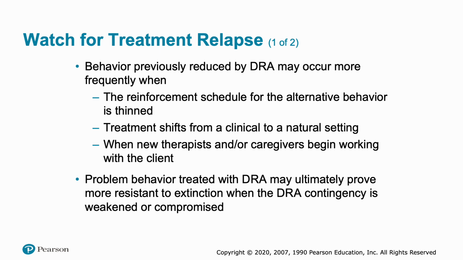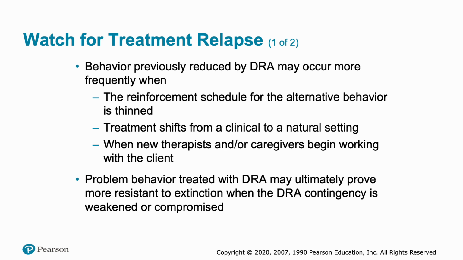They might inadvertently reinforce a problem behavior, which means that then you've placed your problem behavior on an intermittent schedule of reinforcement, which we know basically helps that behavior remain in that person's repertoire, and we don't want that.